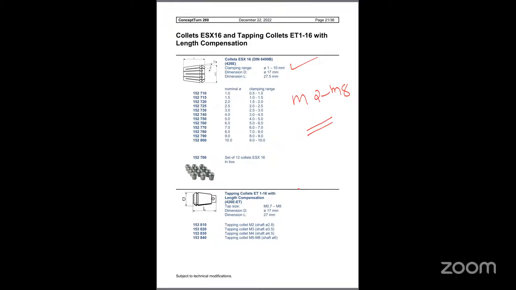So tapping collet with the length compensation. During the thread cutting time, this will reduce the tap break.